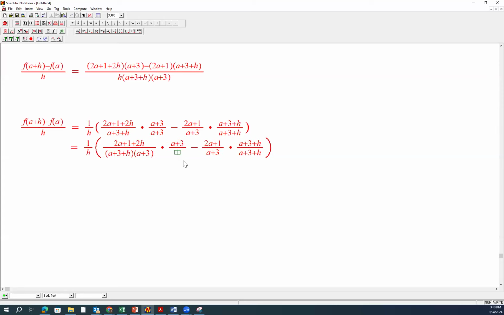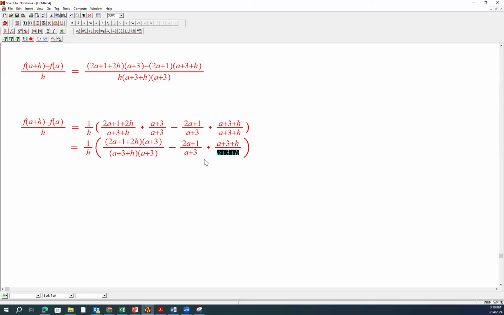That's denominator times denominator, numerator times the numerator. So a plus 3 will multiply 2a plus 1 plus 2h multiplied by a plus 3. So a plus 3 will go there. And the same is with the second part. You get a plus 3 times a plus 3 plus h.